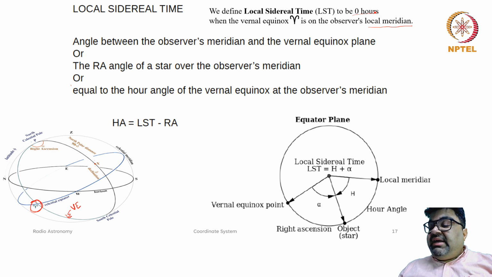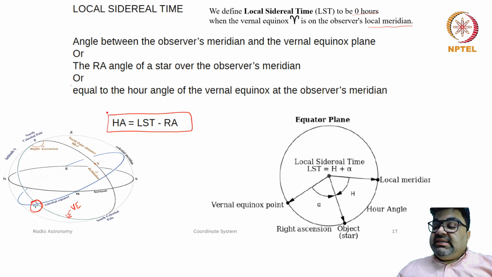So if you do all the math, the relationship which we can come up with is hour angle is LST minus RA, or the right ascension. A couple of important things: when any source is passing through the local meridian, then the hour angle is equal to 0.